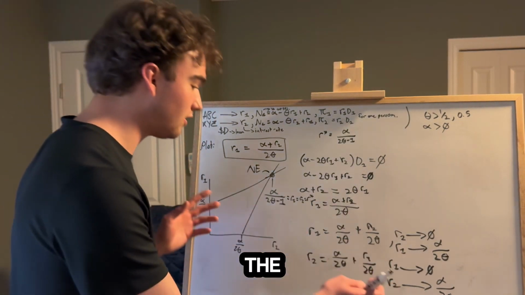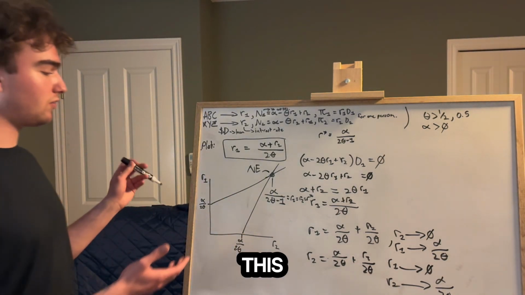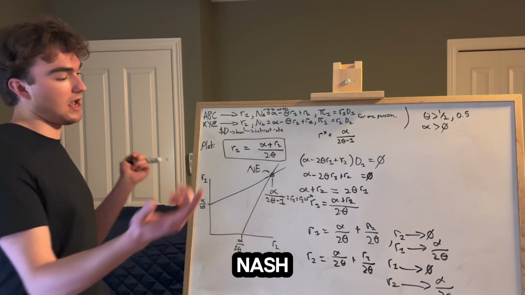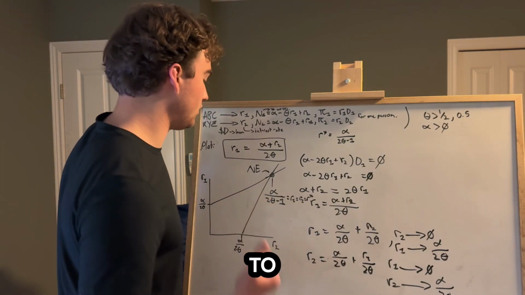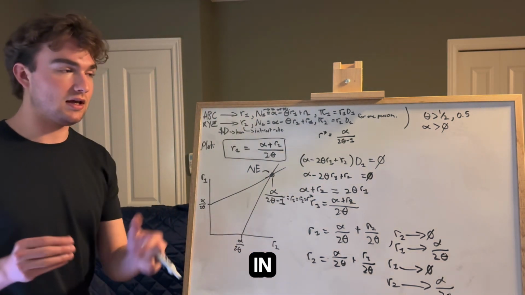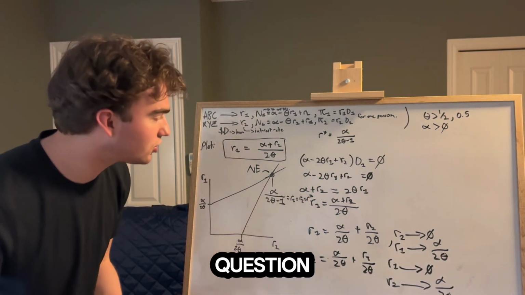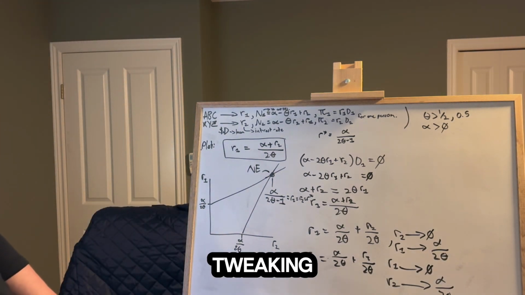And then you can separate the terms so it's easier to plot them on a graph. And on this graph, you find your Nash equilibrium anyways, which is alpha over (2 theta less 1), which we already found in the previous question. Am I right or am I absolutely tweaking?